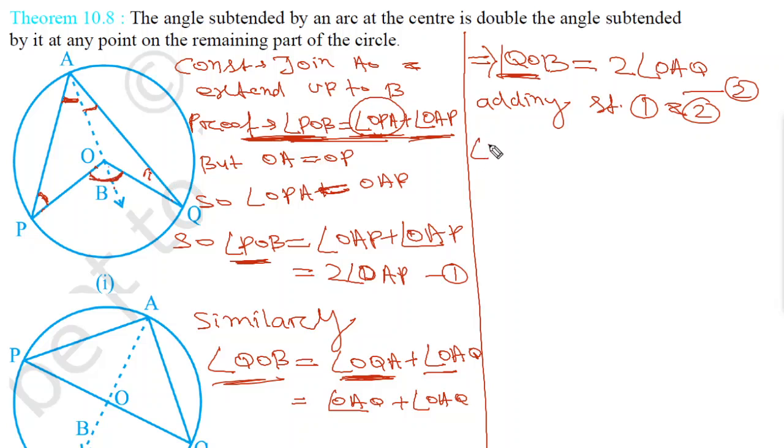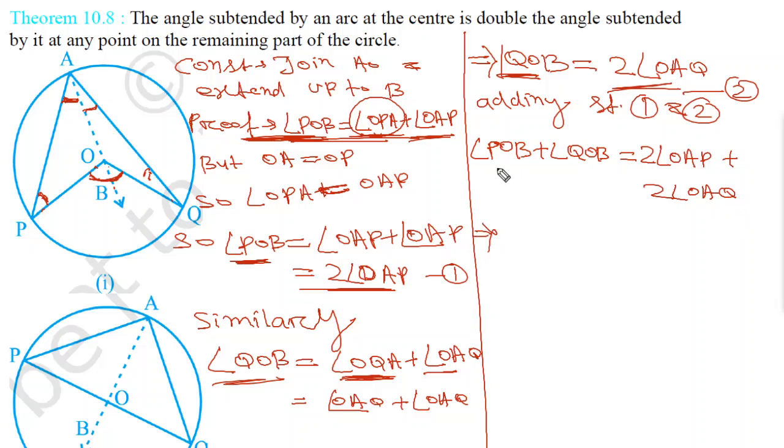Just write angle POB plus angle QOB will be equal to, here RHS is 2 into angle OAP plus 2 into angle OAQ, implies, now sum of these two angles POB and QOB. Look at the figure. POB and QOB equal to POQ.